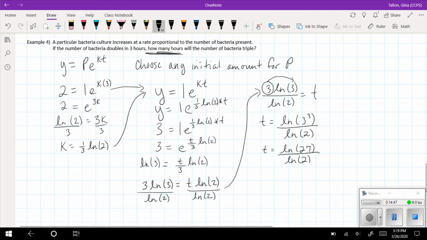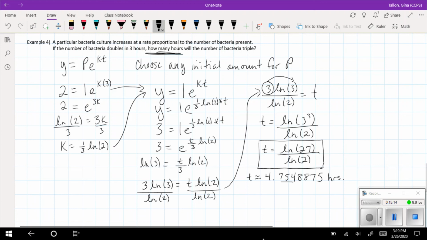And you might want to think you can divide the 27 by the 2, but you can't. And you wouldn't turn this into subtraction either. That would be getting the rule backwards. This would be our final answer. Now, if I pop that in a calculator, I would get a t-value of approximately 4.7548875 hours.